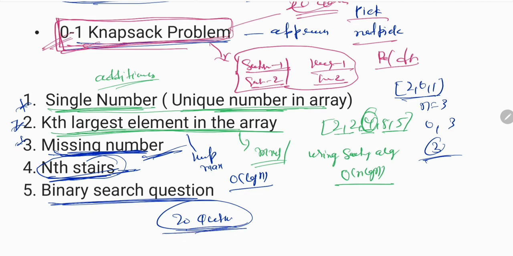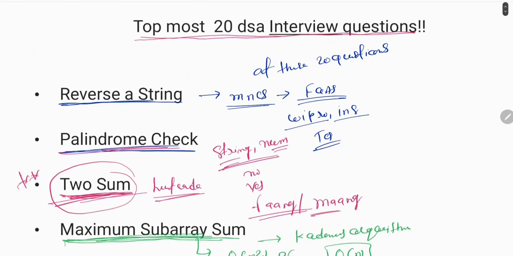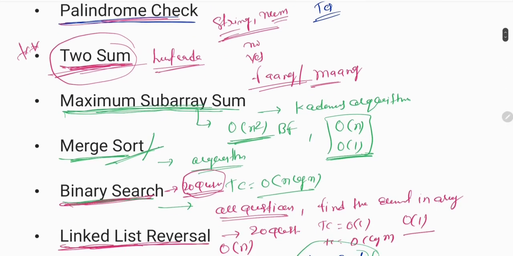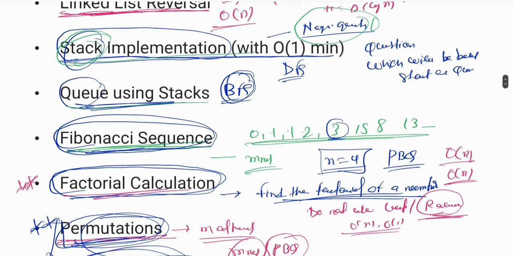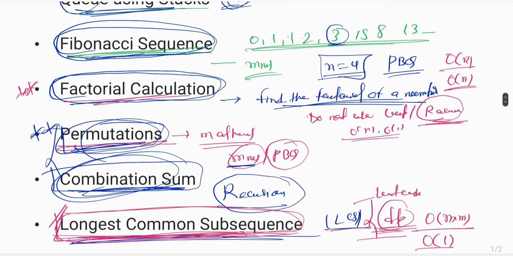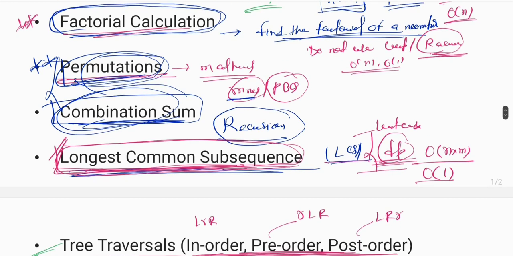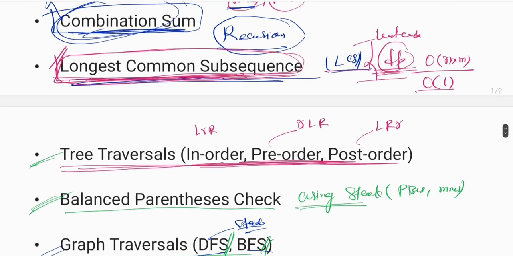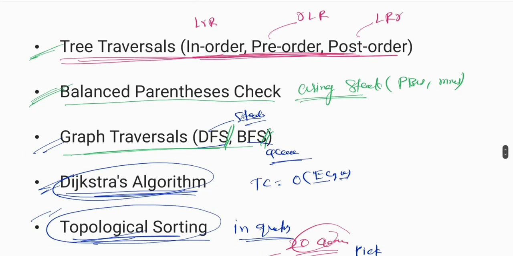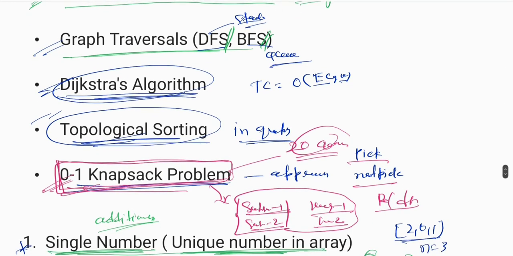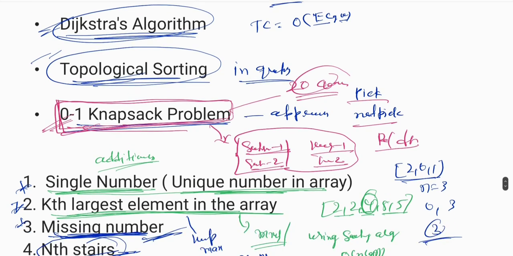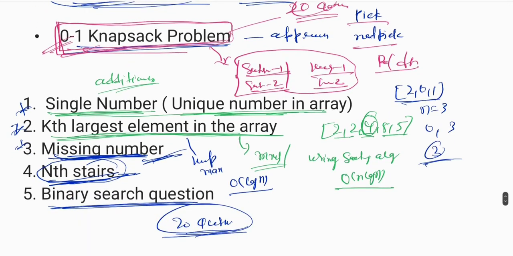And if you cover all this, if you cover 20 DSA interview questions like reverse string, palindrome, two sum, maximum subarray sum, merge sort, binary search, linked list reversal, stack implementation, queue using stack, Fibonacci sequence, factorial calculation, permutation, combination sum, longest common subsequence, tree traversal like in-order, pre-order, post-order, balanced parentheses check, graph traversal, DFS and BFS traversal, Dijkstra algorithm, topological sort, 0-1 knapsack, and these 5 questions.